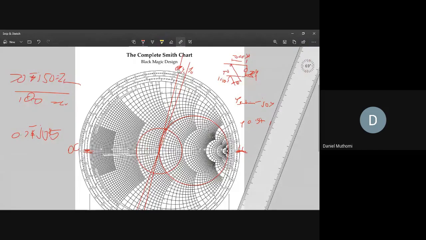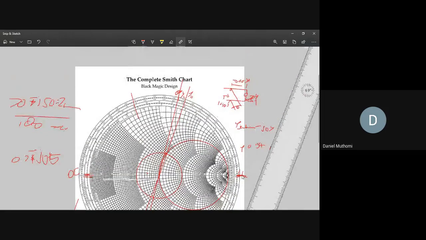So the shortest distance is definitely to 0.25 minus 0.145 here. So that's our shortest distance. If our YL was somewhere there, the shortest distance to the quarter wavelength would be to the 0.5 or to the 0 here. But for this one, 0.25 minus 0.145 gives you 0.105.